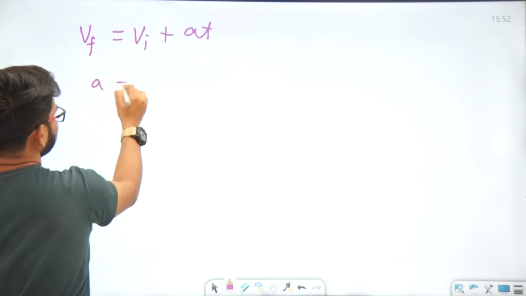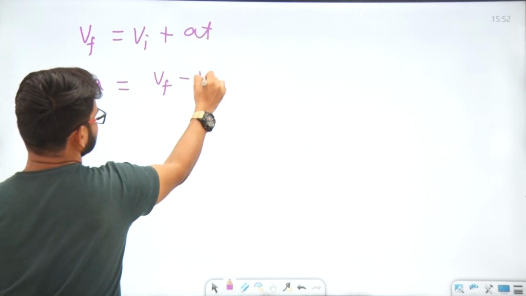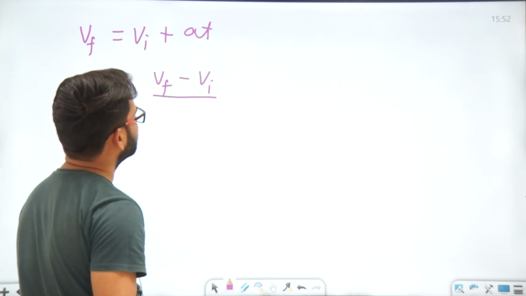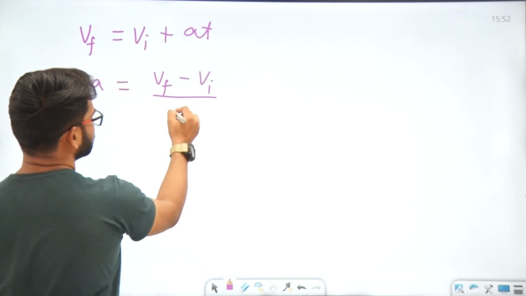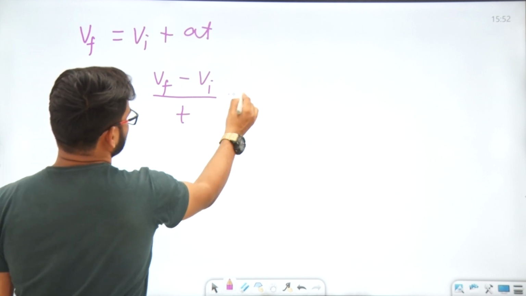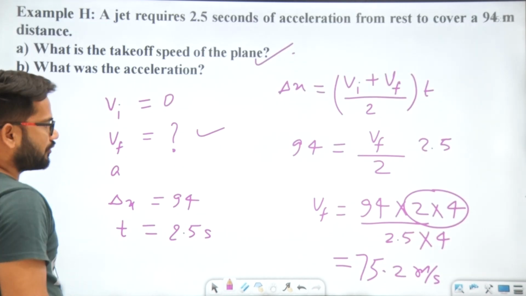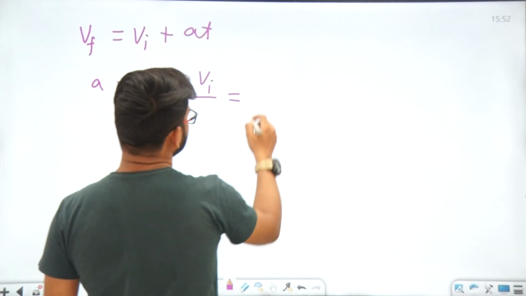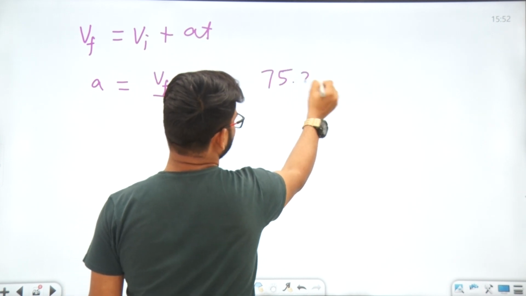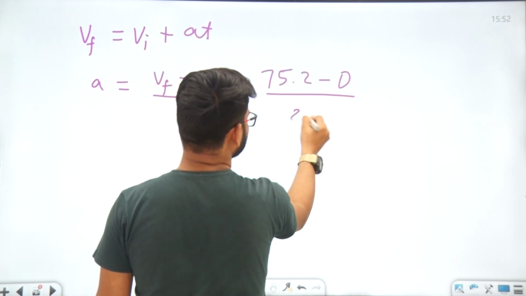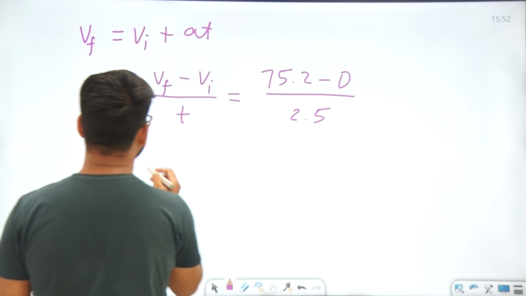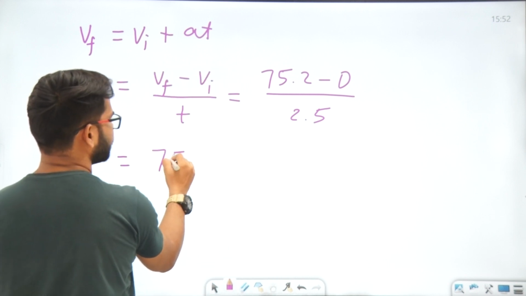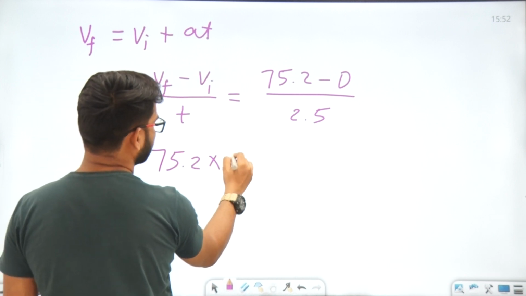From here we get acceleration equals Vf minus Vi over t. t is 2.5 and Vf we have 75.2. So 75.2 minus 0 over 2.5. We can write 75.2 multiplied by 4 over 10.